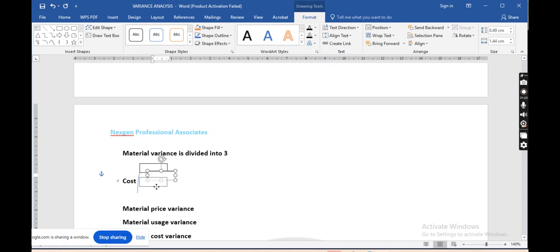So we have AA, AS, and SS. Let's say we divide it into three boxes.